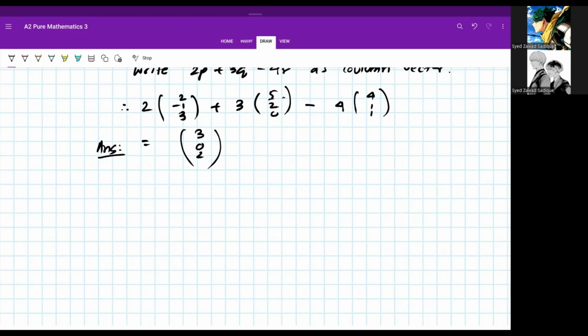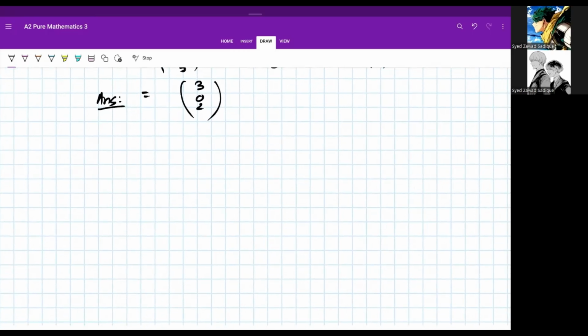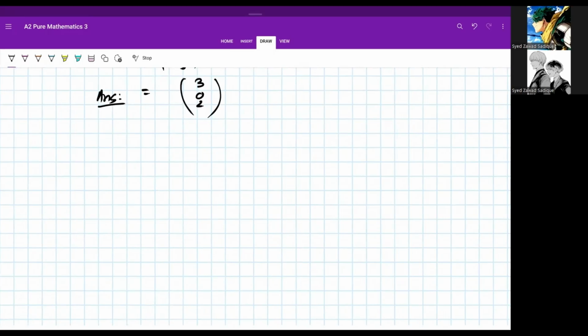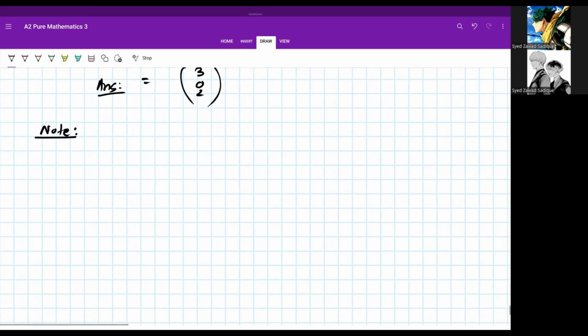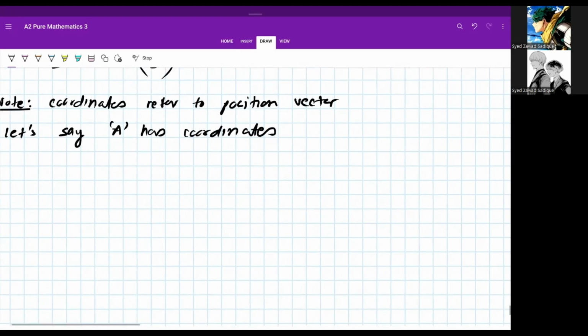Note here that coordinates refer to the position vector, and the position vector is from the origin. So let's say A has coordinates (3, 1, 4).